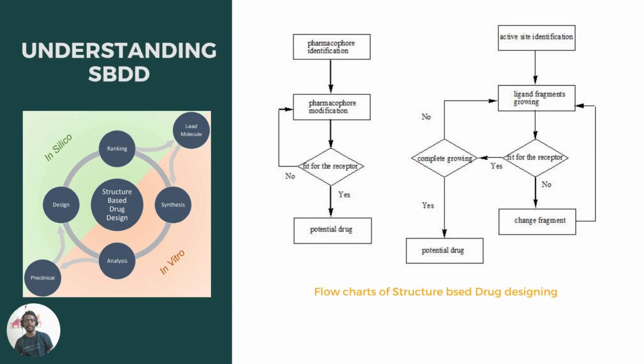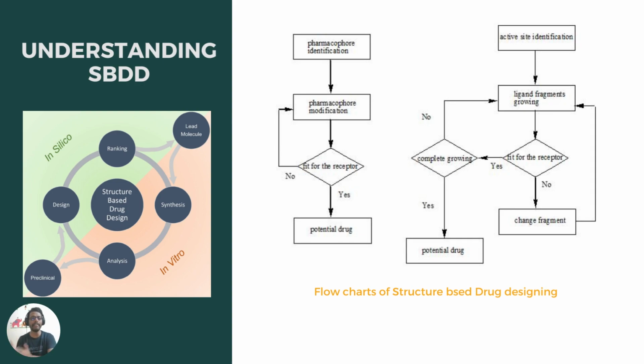So if we try to understand it as a flowchart of structure based drug design, okay. In this structure based drug design, first we have to go for in silico kind of drug design. In silico means in a database, in a computer. All these kinds of drug designing come under in silico activities. Once we find a lead compound, then we have to synthesize it, analyze it, and test it on a microorganism or on a patient.